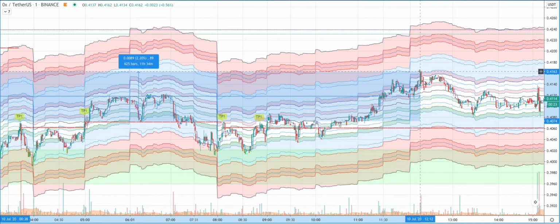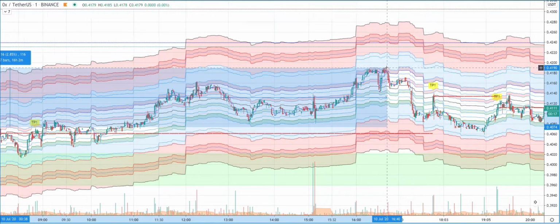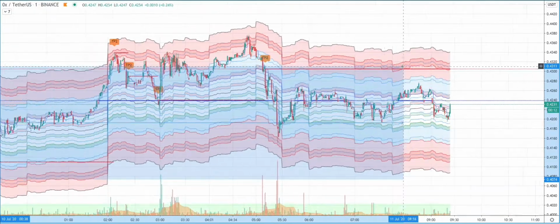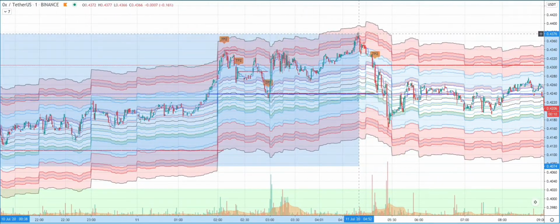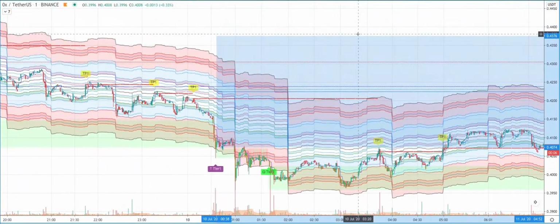Looks like really to get anywhere, 2.20% takes you about 11 hours on this one. 15 hours, you're at 2.85%. But then there was some more to be gained here with an ultimate top profit on this one at 7.41%.